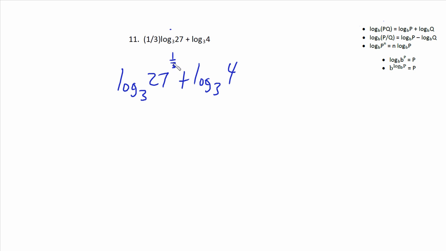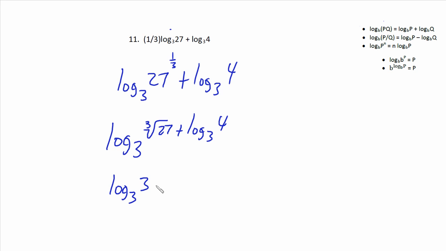Now 27 to the 1/3, we can go ahead and evaluate that. Remember, the 1/3 power is just the cube root, so I could rewrite it this way: log base 3 of the cube root of 27 plus log base 3 of 4. Well, the cube root of 27 is just 3, so log base 3 of 3 plus log base 3 of 4.